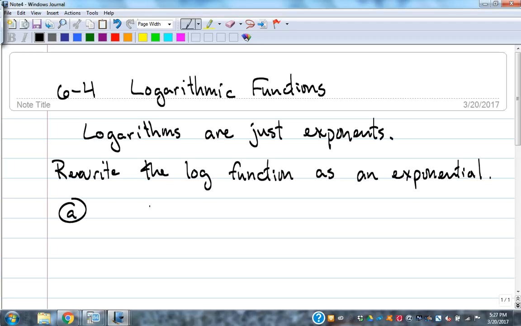So first example, here's a logarithmic statement. Y equals log base 3 of x. So that's a base 3 on the log, like a subscript. Now, here's how it works. That's our base. That's our exponent. Logs are exponents.